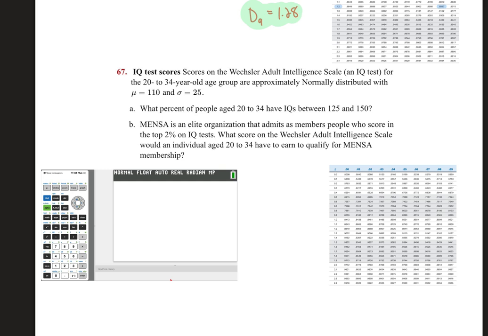Okay, the fact that they're asking for percent means that we're going to do normal CDF. So here, let's draw our picture first. Okay, and I should have been labeling it this way: normal with a mean of 110 and a standard deviation of 25.